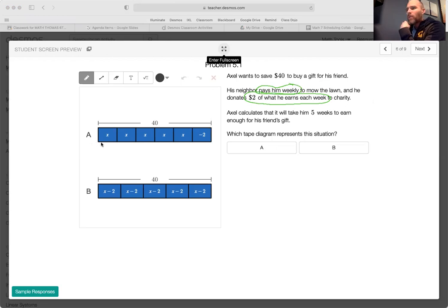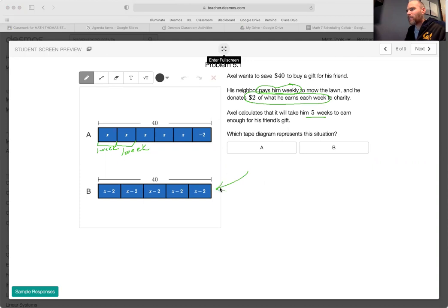And so I think each one of these segments in the tape diagram is meant to represent 1 week. So this one would also represent 1 week, etc. And well, it says here that Axel calculates that it will take him 5 weeks to earn enough for his gift.